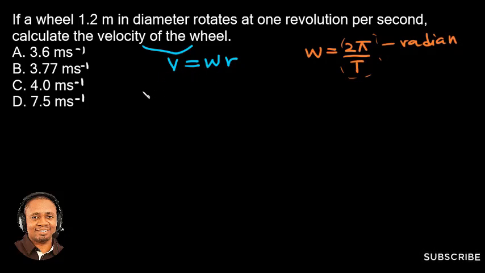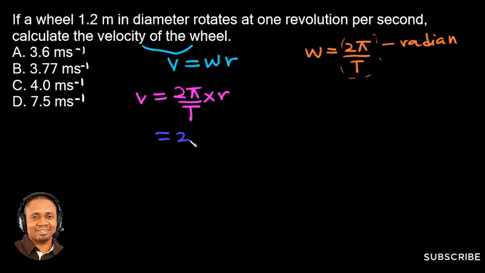So now we have V equals 2 pi over t times r, and we shall go ahead to put in the various values.